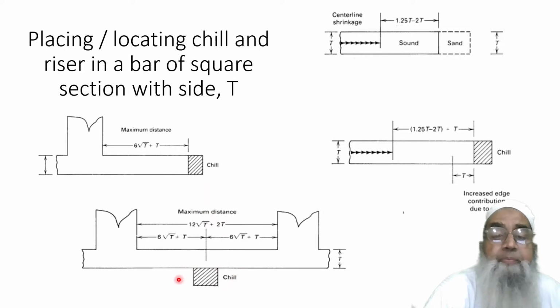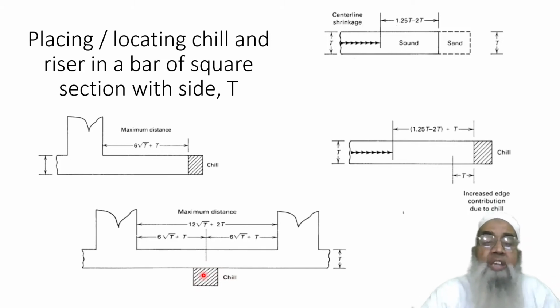Now therefore, by providing a chill, we can enhance the distance between two risers. Moreover, we can provide an exothermic compound near the riser. This will also increase its solidification time.